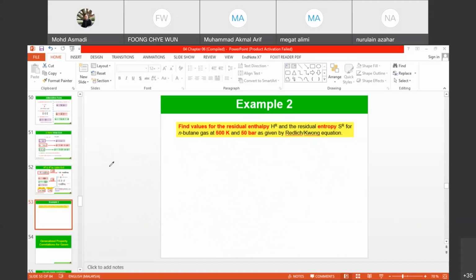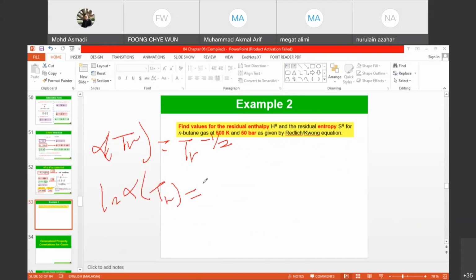Okay. So since alpha TR from the Redlich-Kwong is TR to the negative half, ln alpha TR equal to ln TR to the negative half, equal to negative half ln TR. Because it's ln, you can bring it to the left side of the ln.